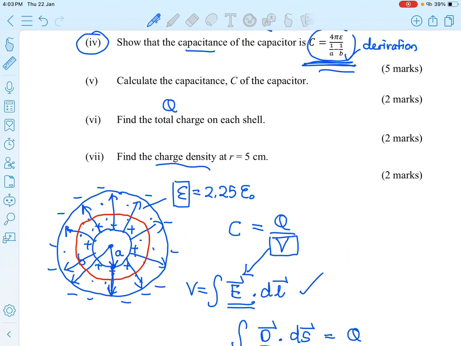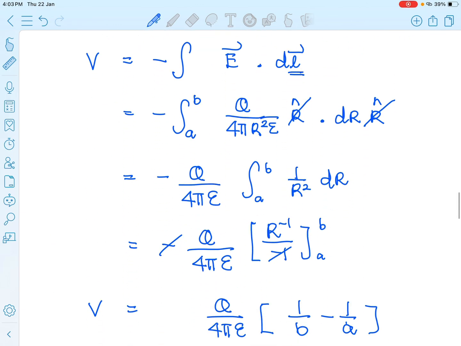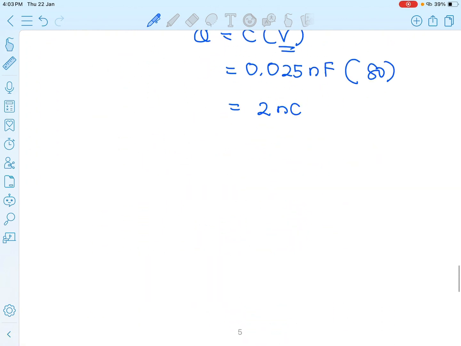Next we're going to look at this exercise. Find the charge density. No, charge density is not this one. Find the surface charge density at a distance R equals 5 cm. We could relate it with this equation. If you want to know the total charge on the surface, you need to integrate the surface charge density with its area, meaning that this is going to multiply with the area.